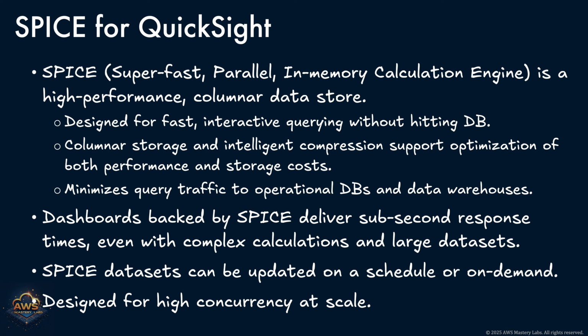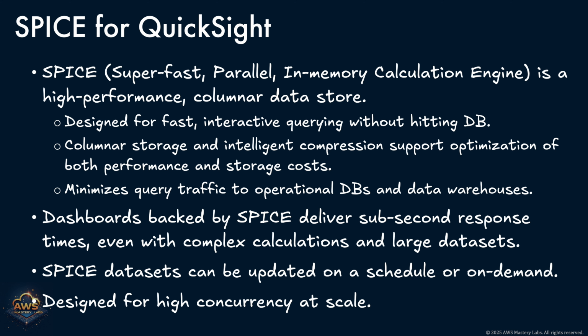This allows QuickSight to process queries in parallel, leveraging memory and compute efficiency to return results incredibly fast, even on large and complex datasets. This architecture translates directly to accelerated dashboard performance. When your data is stored in SPICE, visuals load quickly, filters apply instantly, and drill downs happen in real time. This creates a seamless, interactive experience for end users, no matter how many are accessing the dashboard at once.